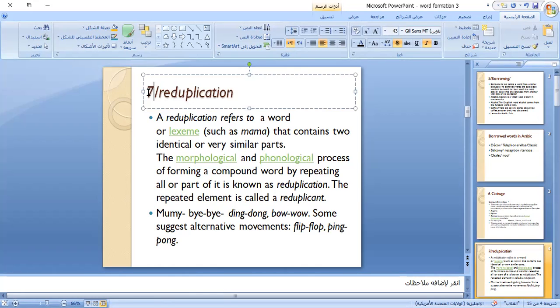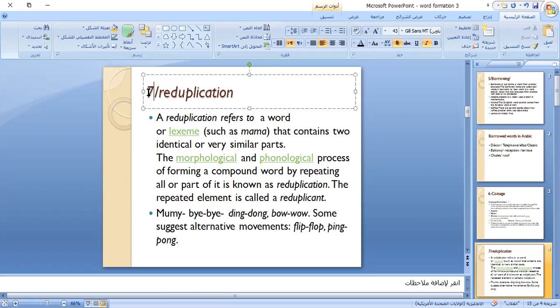Redouble means making the word from two similar or identical parts. Ma is the word mother. Actually, it is mother. So you make a new word originally found in the language. You take ma, so two identical parts which refer to the mother.